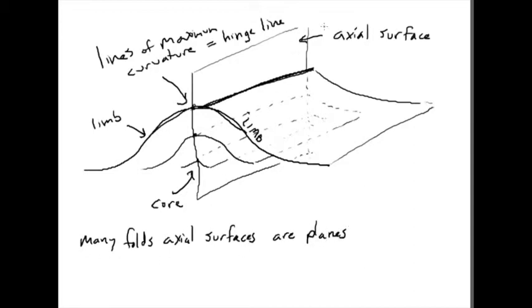So the one I've drawn, this axial surface where we've connected all the hinge lines, is a plane. So we call this an axial planar fold.